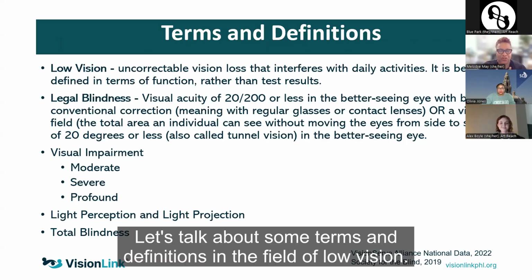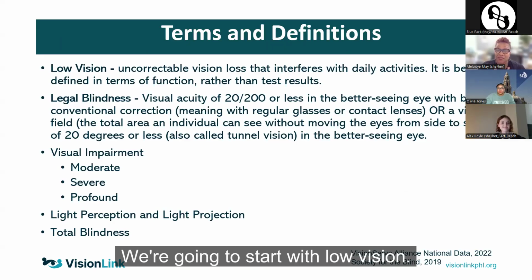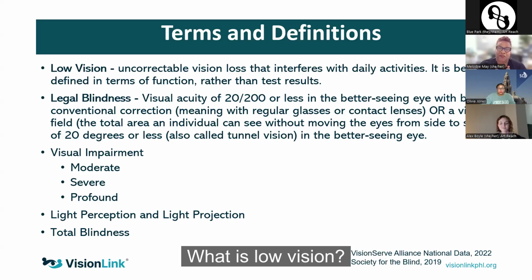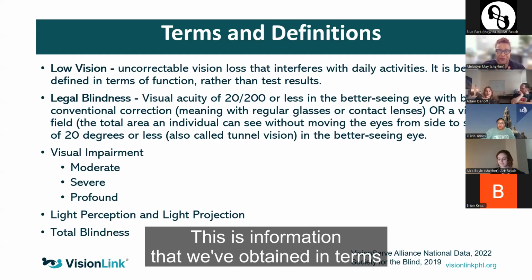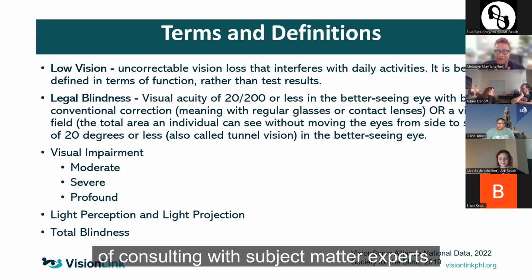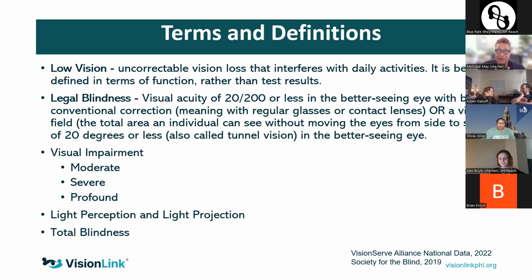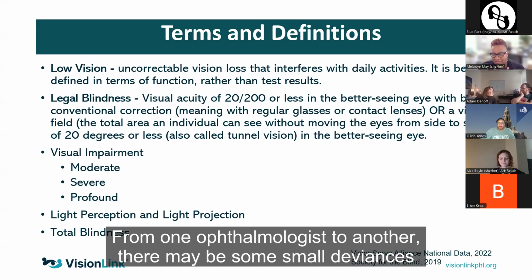Let's talk about some terms and definitions in the field of low vision. And we're going to start with low vision. What is low vision? This is information that we've obtained in terms of consulting with subject matter experts from one ophthalmologist to another.